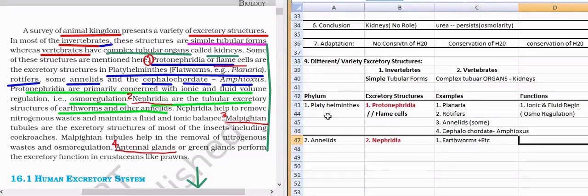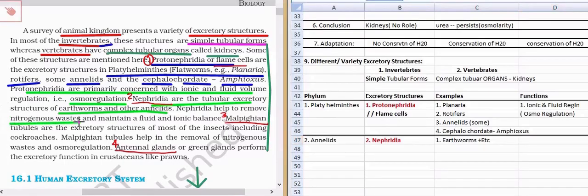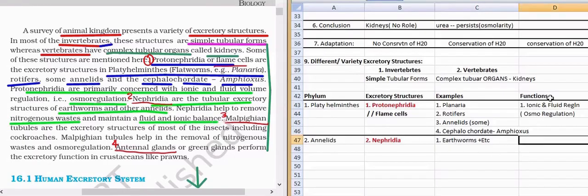What is the function? Nephridia help remove the nitrogen waste, and maintain the fluid and ionic balance. So first is nitrogen waste.